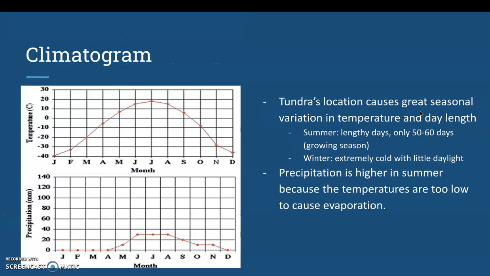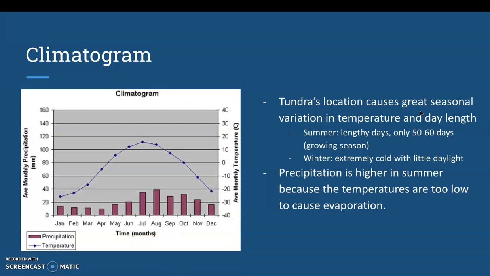This graph above shows the temperature on tundra in each month, and this graph shows precipitation of tundra in each month, and when these graphs are combined, it creates a climatogram. So tundra's location causes great seasonal variation in temperature and day length.